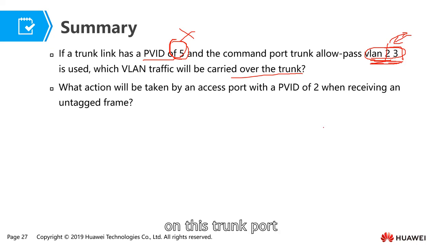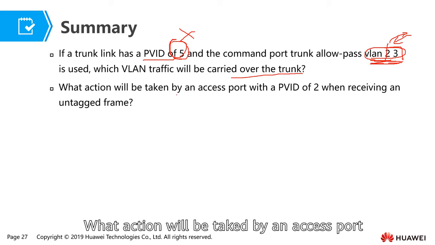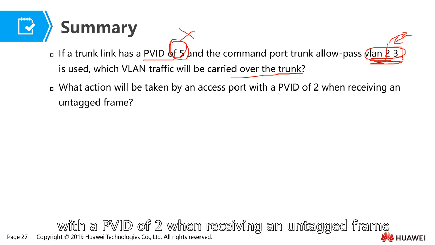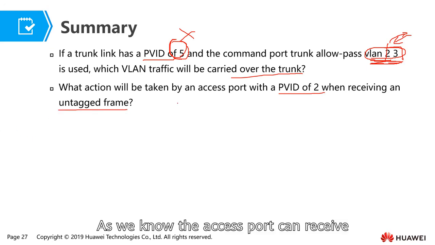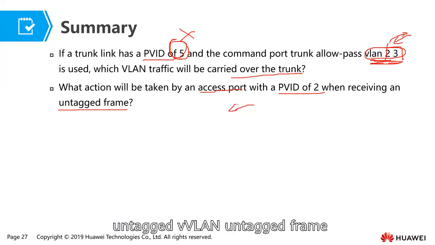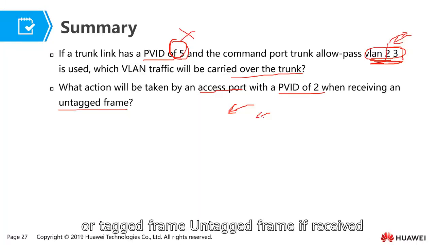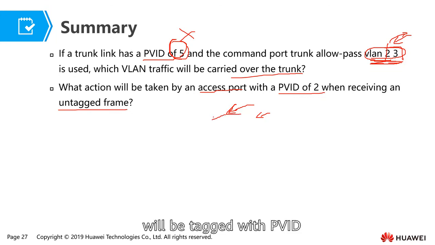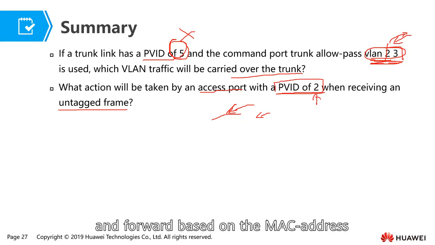And then, what action is taken by an access port with PVID 2 when receiving an untagged frame? As we know, the access port can receive untagged frames or tagged frames. If an untagged frame is received, it will be tagged with the PVID. That means this frame will belong to VLAN 2 and be forwarded based on the MAC address.